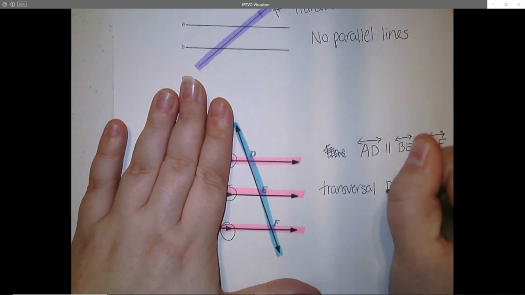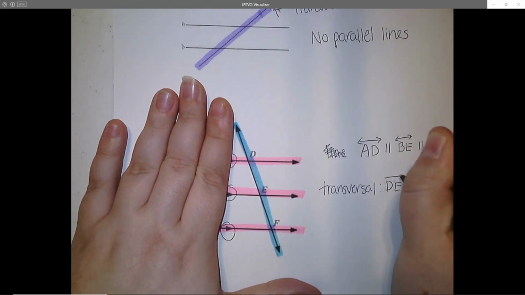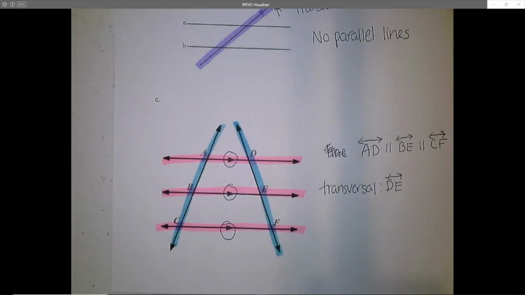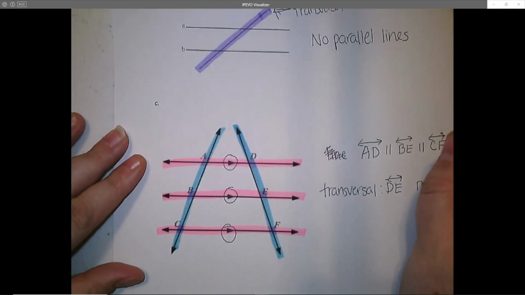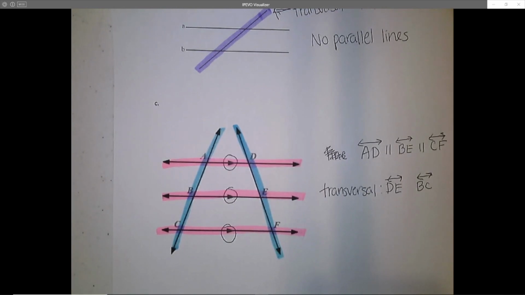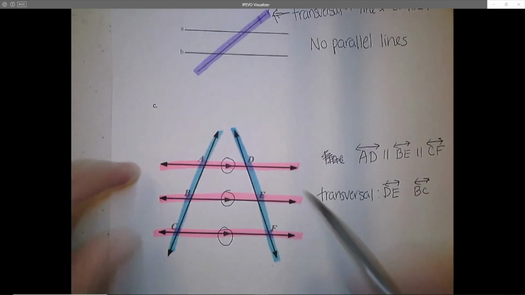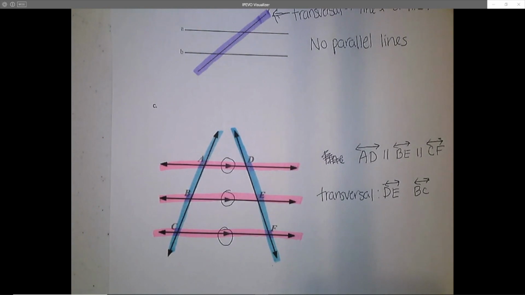So let's say I say DE with a line symbol above. Same thing. If I cover up this, there's A, B, and C. You choose 2 points. Let's say I choose BC, put my line symbol above. Only 2 points to name a line. So 2 transversals, 3 parallel lines. That's going to help us when we get to some examples later on.